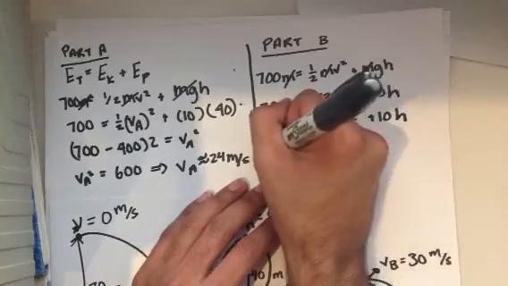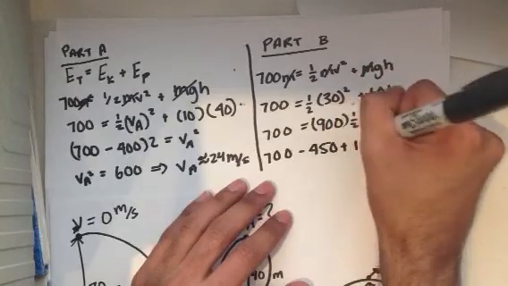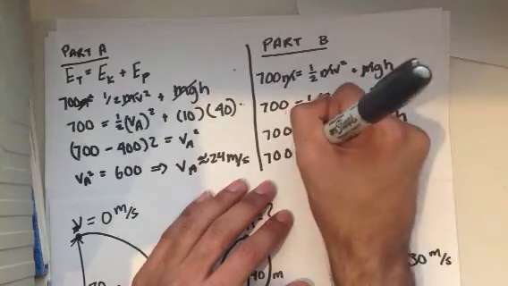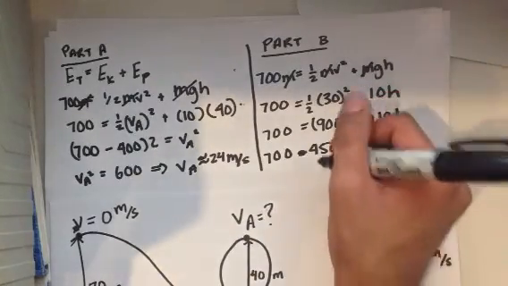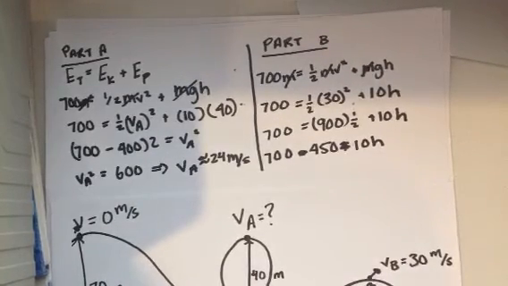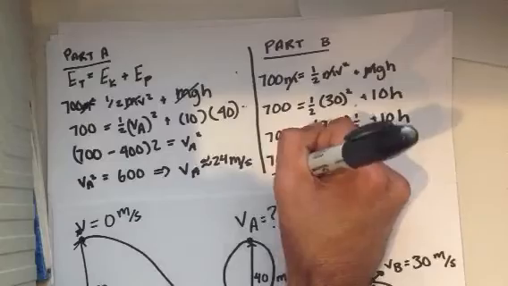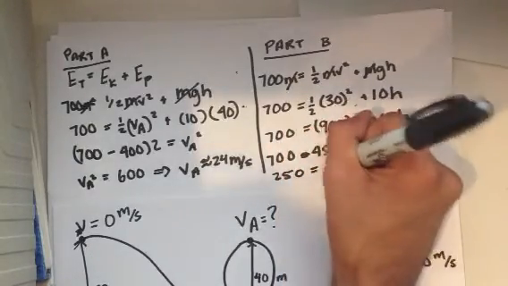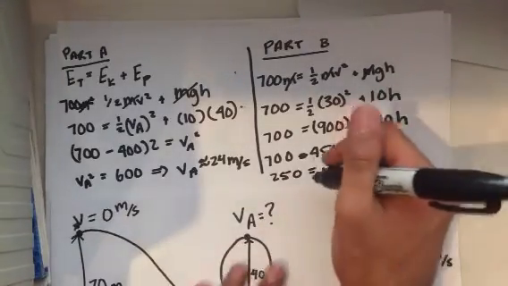So 700 minus 450 equals 10h. From this we get 250 equals 10h, and as such, h is going to equal 25 meters.